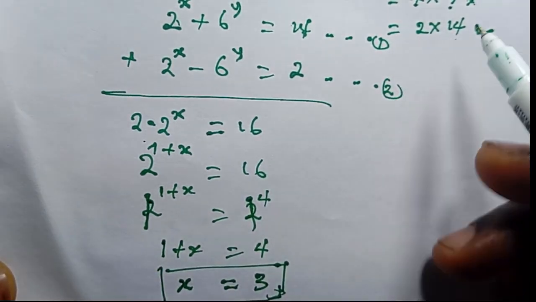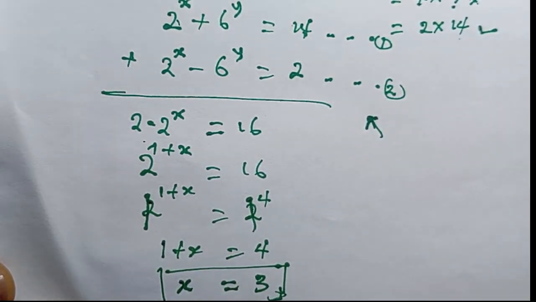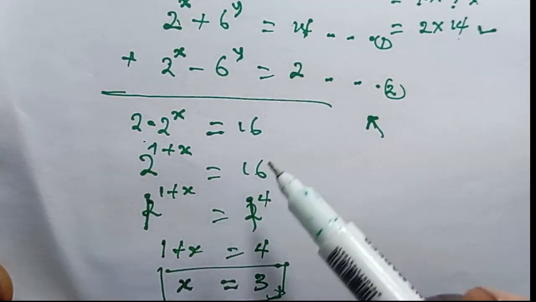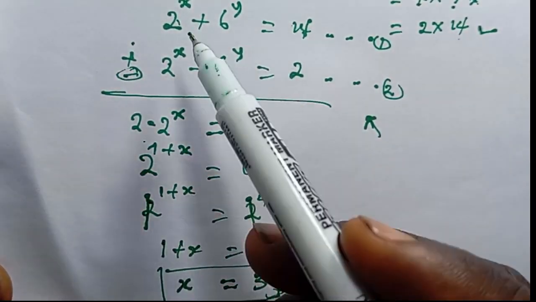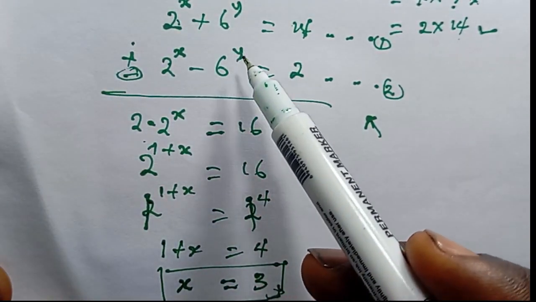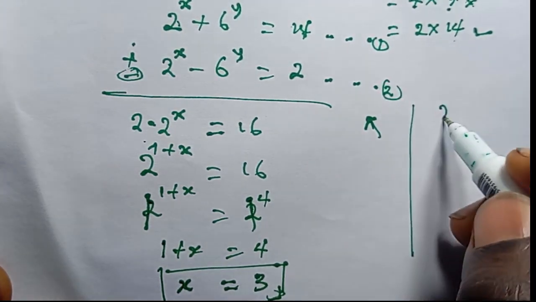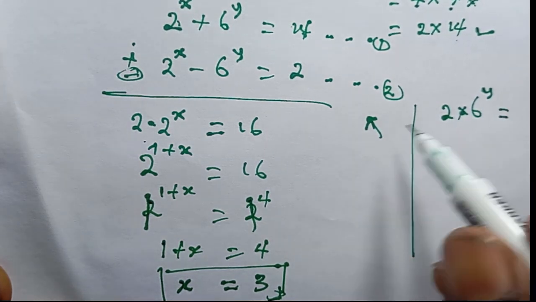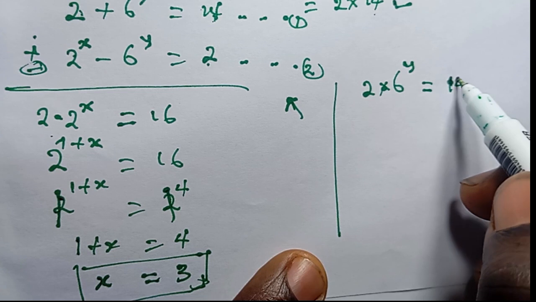So coming back to this point right here, for us to get the value of y, we are going to subtract equation 2 from equation 1. Okay, so in place of plus here we'll put minus. So this minus this is 0. 6 power y minus minus 6 power y will give us 2 multiplied by 6 power y, and that will be equal to 14 minus 2, which is equal to 12.